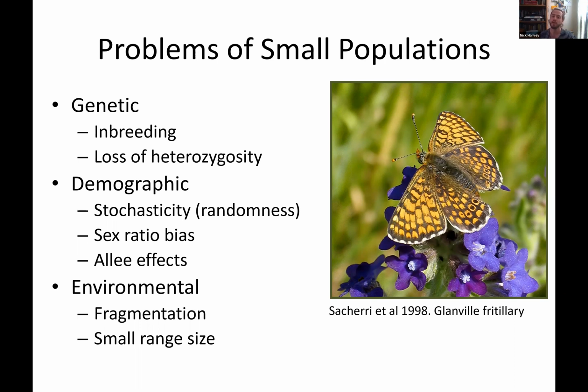And there's also likely to be more inbreeding. So inbreeding is when related individuals mate with each other to produce offspring. This is a problem because with the natural genetic diversity present in populations, some individuals may well have deleterious mutations.